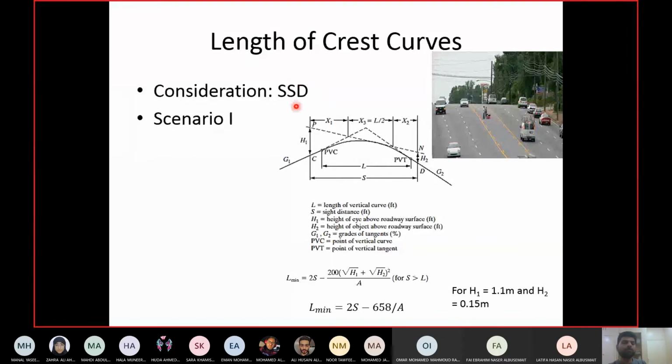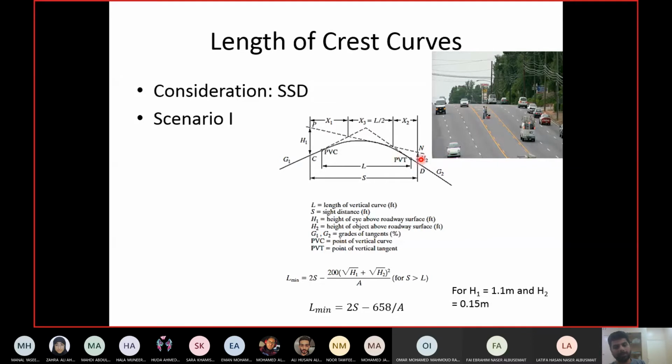So for example, you are at point C, and P is the height of your line of sight above the road. From this line of sight, you can see how far, up to point D. Point D is the point where the object can be in order for you to stop safely.